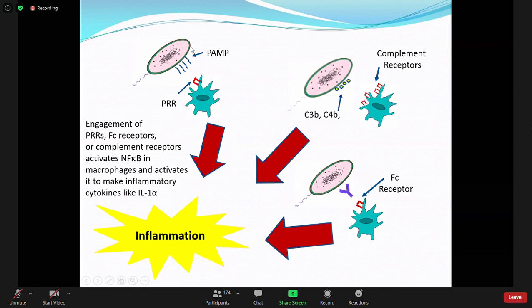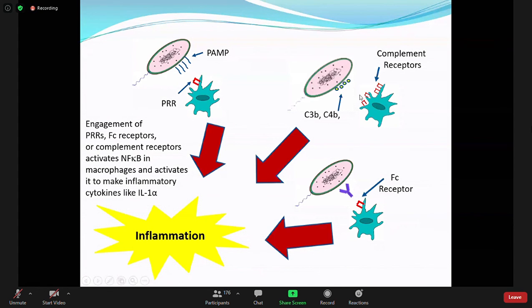So in this case, you've got a microbial infection, the PAMPs, the microbial glycolipids or whatever, are recognized by the PRRs on the macrophage or the dendritic cell. And this can either stimulate the inflammasome to create the functional IL-1 and IL-18, or it can stimulate the important transcription factors NF-kappa B and AP1 to produce inflammatory cytokines.